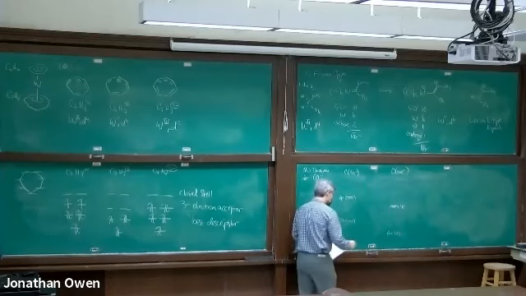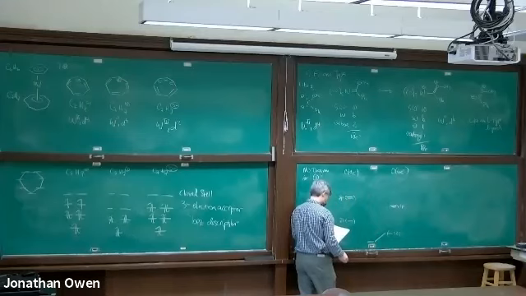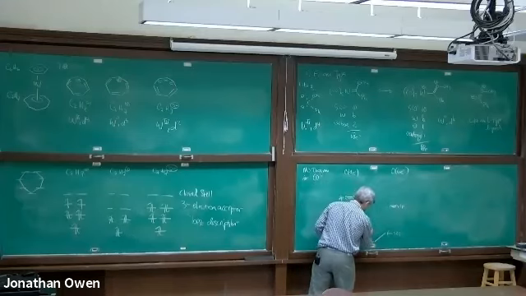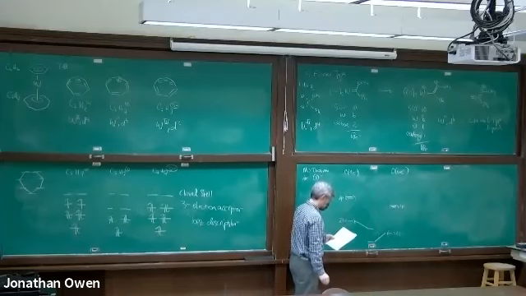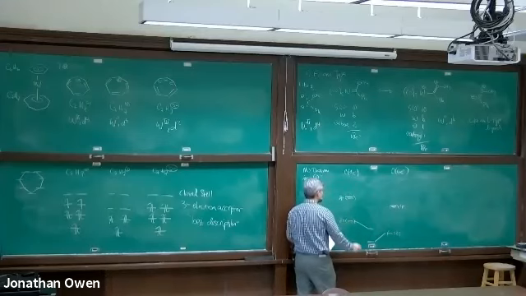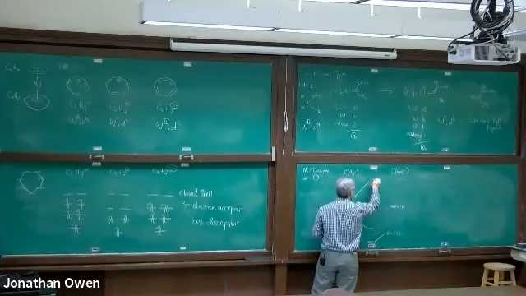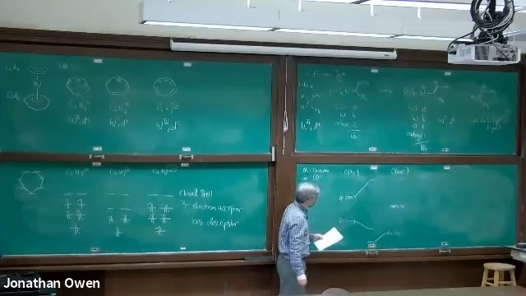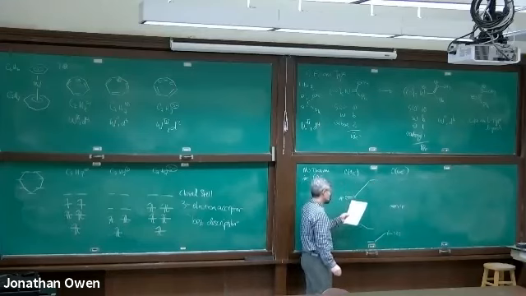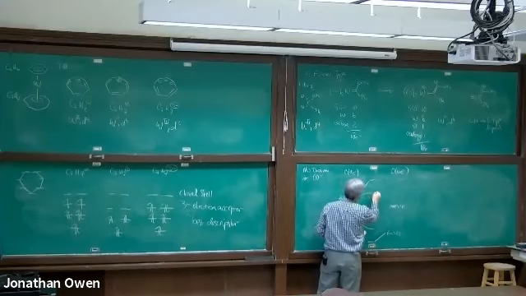And what you're going to find is that you get a bonding combination down here. There's a bonding combination for those guys. And then you're going to get 1 sigma bond for these 2p levels. And then you're going to get a pair of pi bonds.